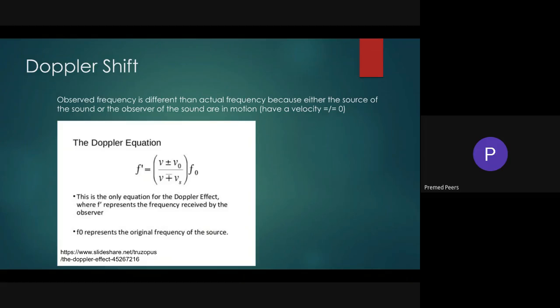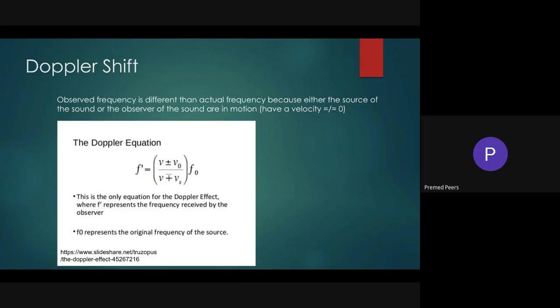So when you have V over V minus VS, your denominator is getting smaller, which means overall this term is getting bigger. So your observed frequency is going to be higher than your actual frequency. And that explains why when the ambulance is coming towards you, the pitch seems higher than what it really is.